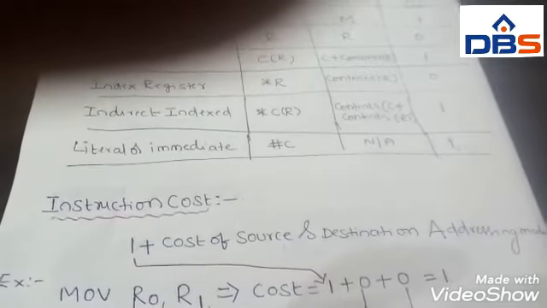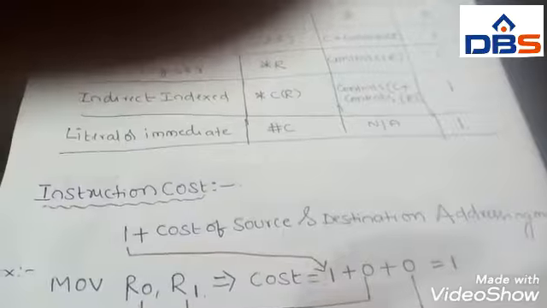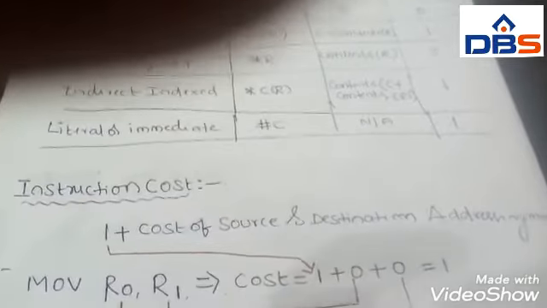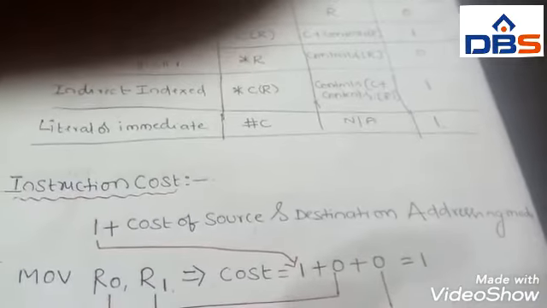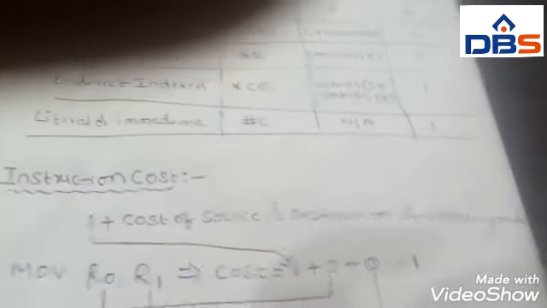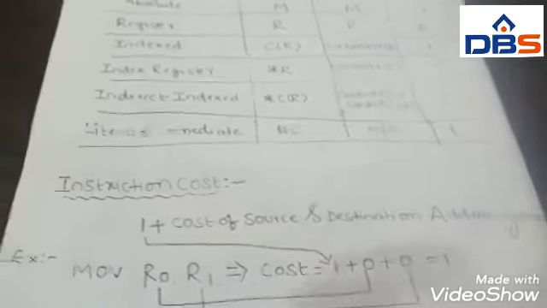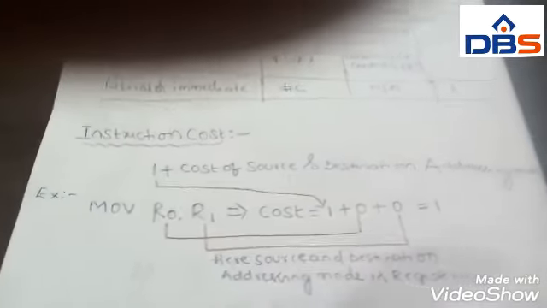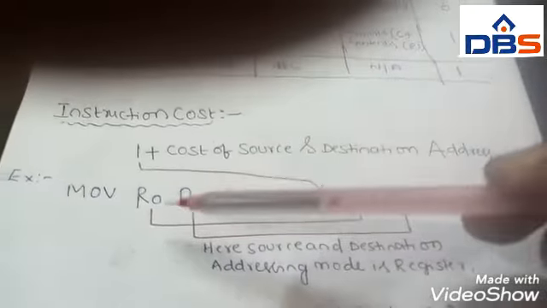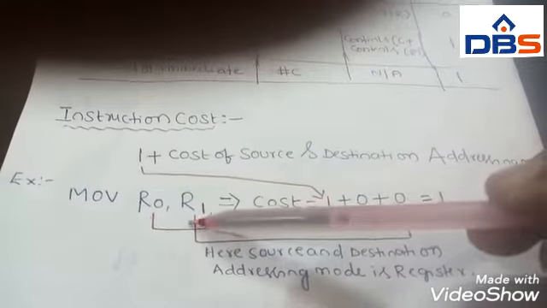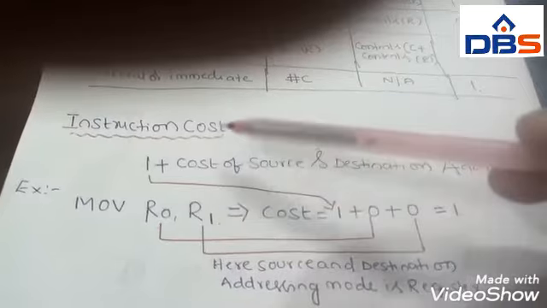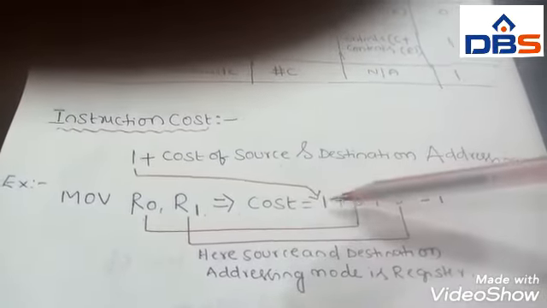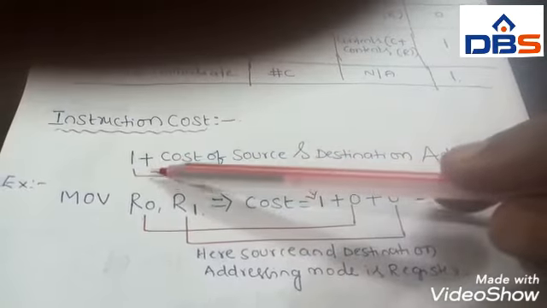We calculate the instruction cost as 1 plus the cost of the source and destination addressing modes.